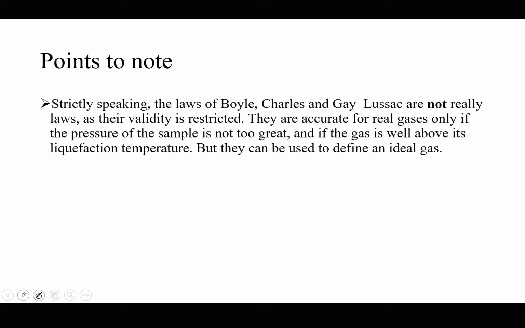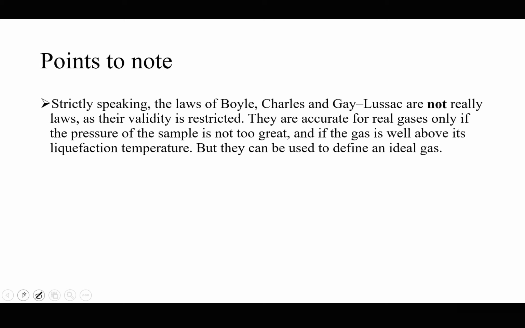They are not valid under all conditions. They have some restrictions. The laws are accurate for real gases only if the pressure of the sample is not too great and if the gas is well above its liquefaction temperature. That is, it remains a gas at a temperature where it is supposed to be a liquid, or where it is supposed to be liquefied, which is practically almost impossible.